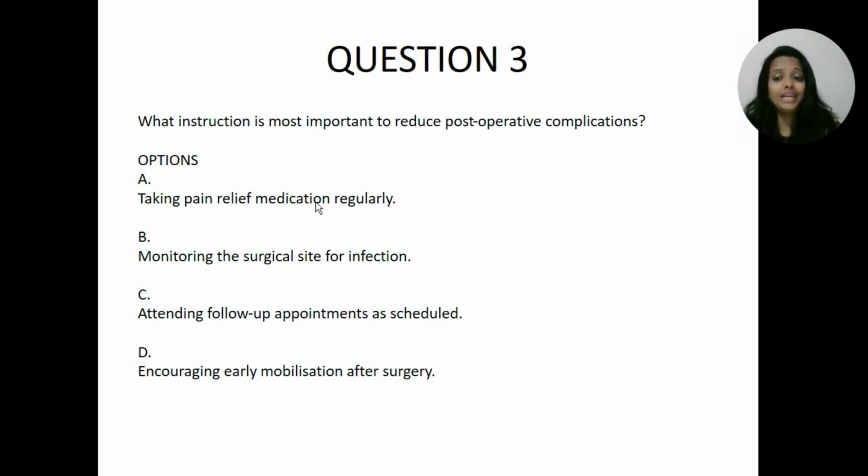Option A, taking pain relief medication regularly; B, monitoring the surgical site for infection; C, attending follow-up appointments as scheduled; D, encouraging early mobilization after surgery. And the correct option is option D. Let me tell you why. All four options are correct advice, but part B does not ask which is correct. It asks which prevents complications most directly. So if you take option A, yes, comfort is the focus, but it does not prevent complications directly.